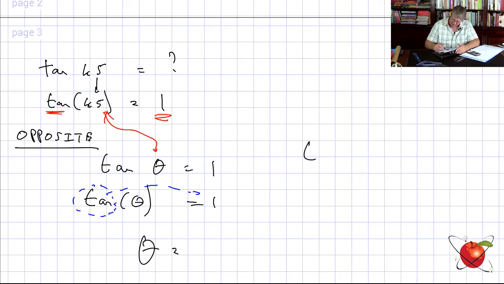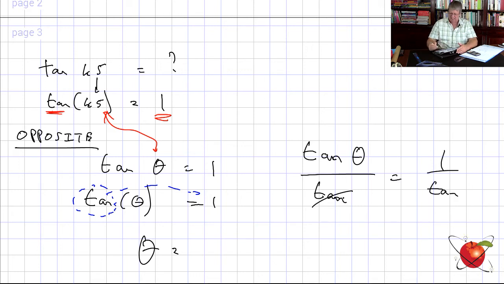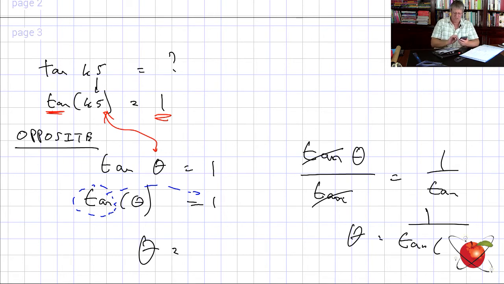Some people say, I'm going to divide by tan, so theta equals 1 over tan. Then the tan cancels out. But hold on, if you put into your calculator 1 divide tan, it opens a bracket. If you press equals, it's going to give you a syntax error, because you haven't filled in the bracket.